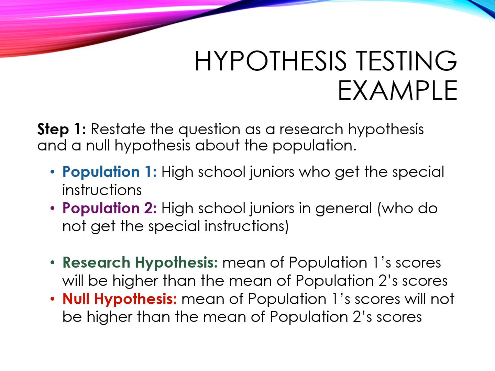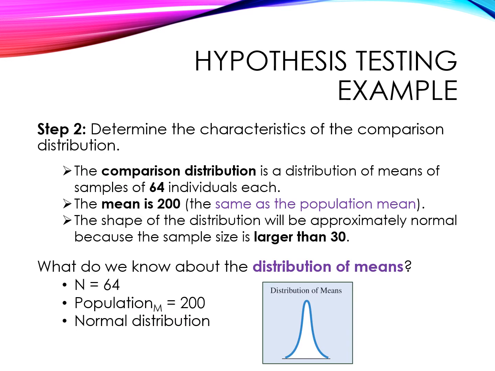Our research hypothesis says that the mean of population 1 scores will be higher than the mean of population 2 scores. And the null hypothesis is that the mean of population 1 scores will not be higher than the mean of population 2 scores. Pretty simple.